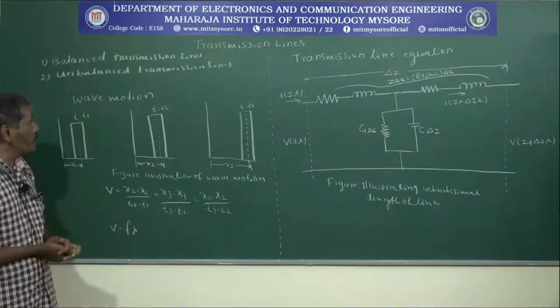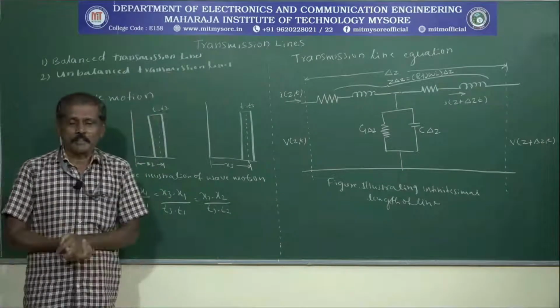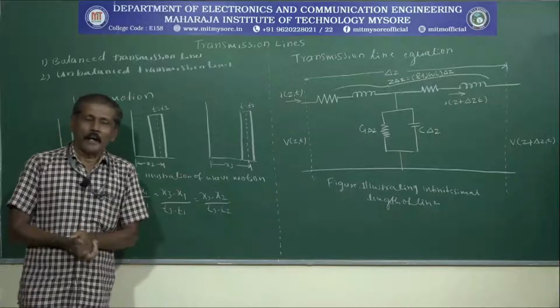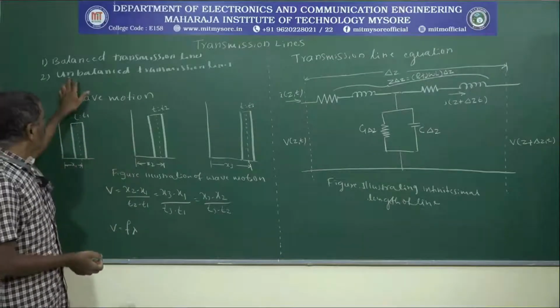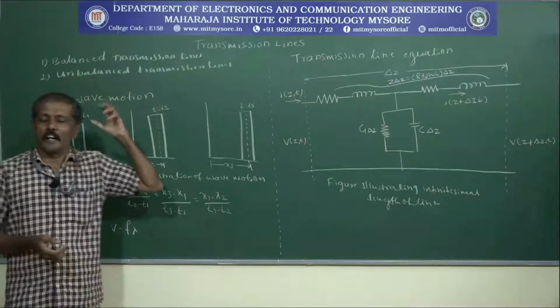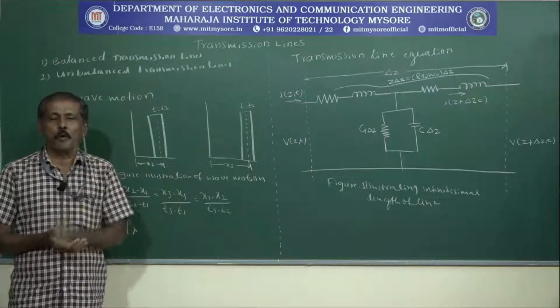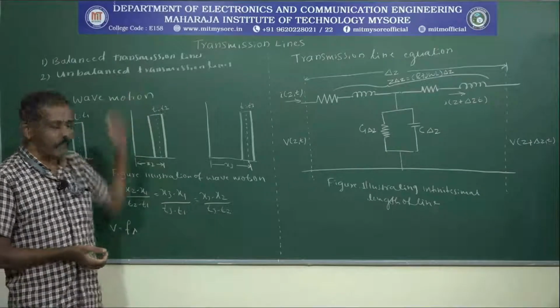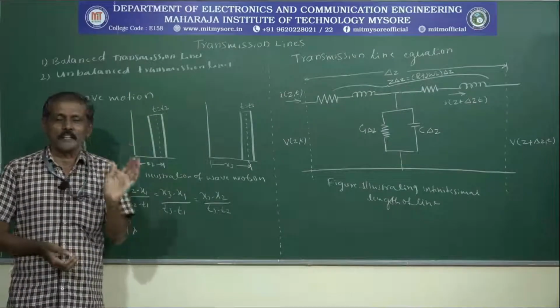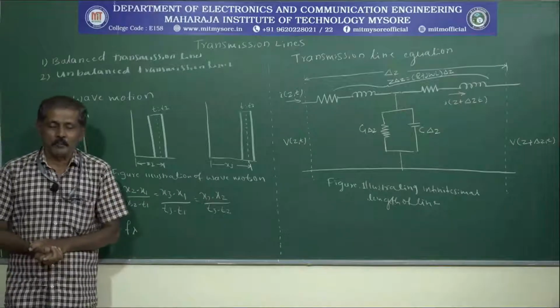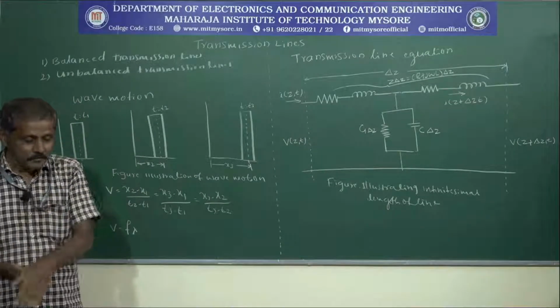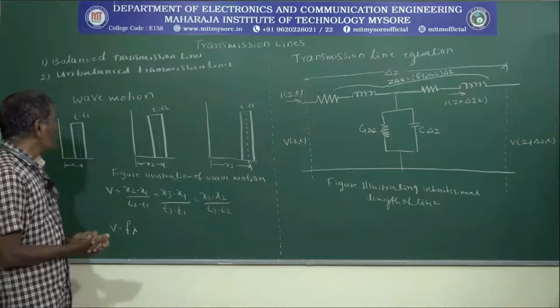So these coaxial cables come under transmission lines. In most communication systems, we prefer these unbalanced transmission lines, that is, coaxial cables and waveguides, to send signals from the transmitter to the antenna and to receive signals from the antenna to the receiver circuit.